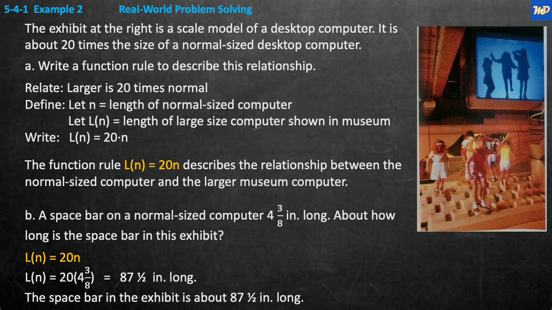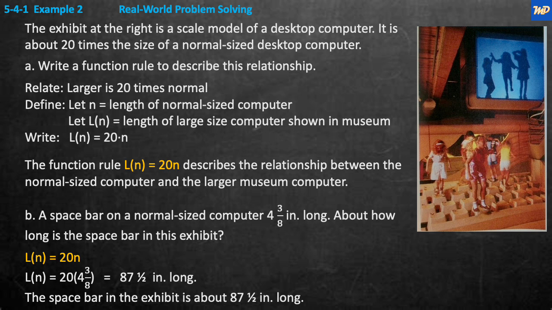What that's saying is the larger version of the computer is 20 times larger than a normal size computer. Let n equal the length of a normal size computer, and let L of n equal the length of the large size computer shown in the museum. Okay, and write L of n is equal to 20n.